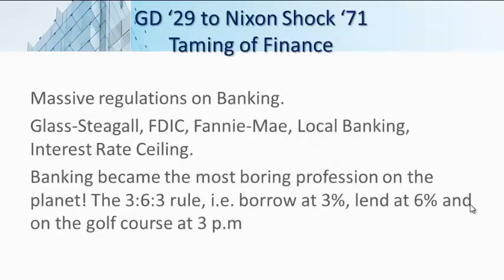So from the global depression in 1929 to the Nixon Shock in 1971 is an era in which, basically, in 1929 you had this great crisis. This crisis was caused by basically banking sector expansions.